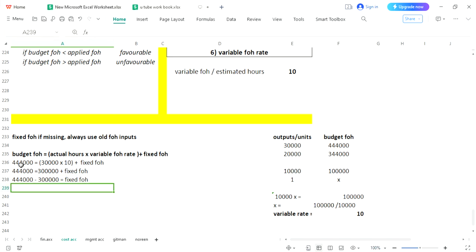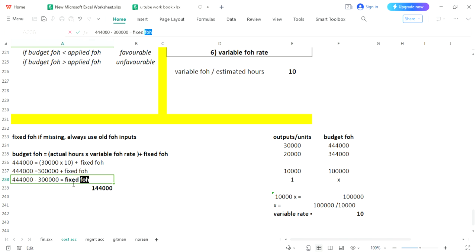So finally we can calculate fixed FH by subtracting 3 lakh from 444,000. Put it on your calculator, 444,000 minus 3 lakh. So here you have got your answer, and the element you have calculated is fixed FH.